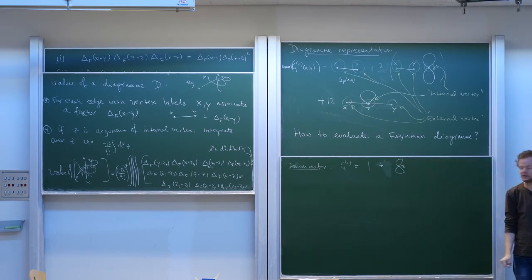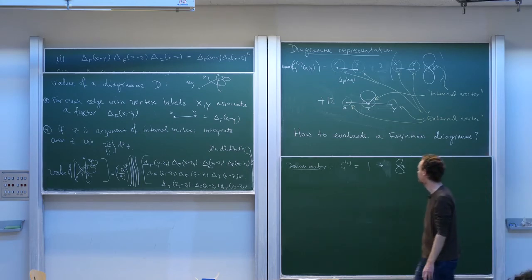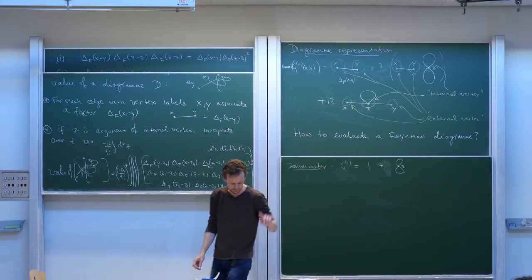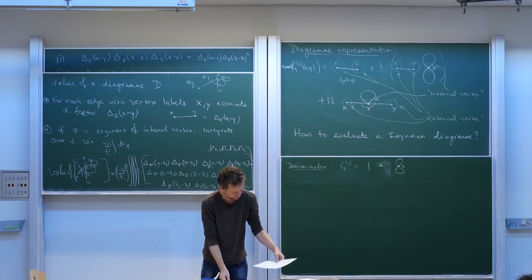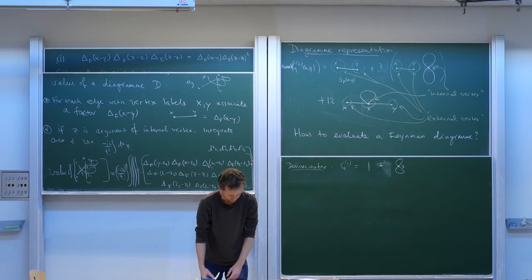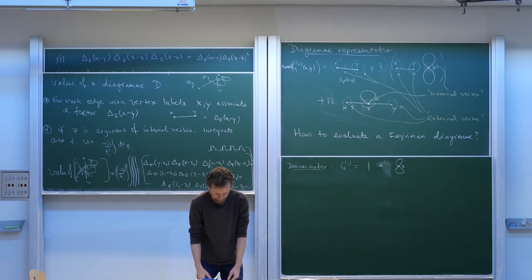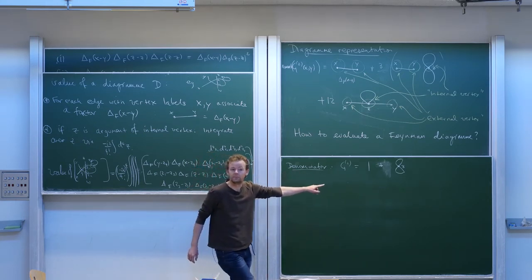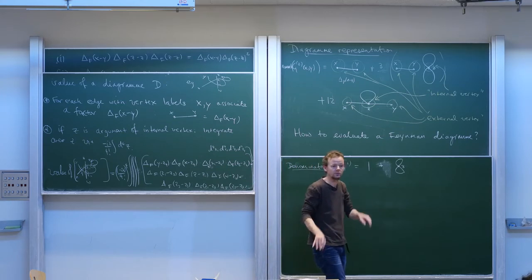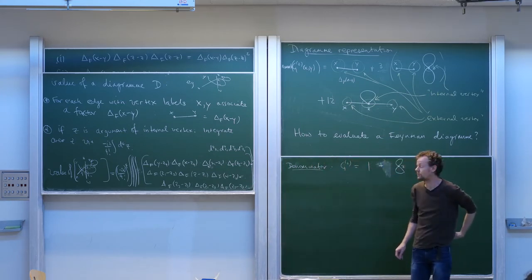So the expansion for the denominator to order lambda is represented by this Feynman diagram here, the figure of 8 loop. And how many times does this figure of 8 loop appear? Because you've got all these contractions that you have to worry about on the bottom. Answer is 3.